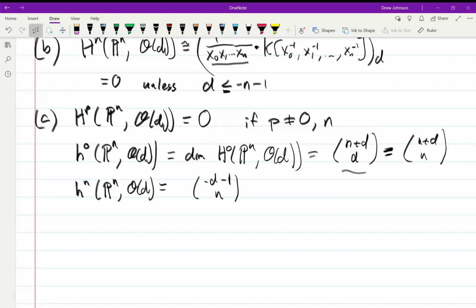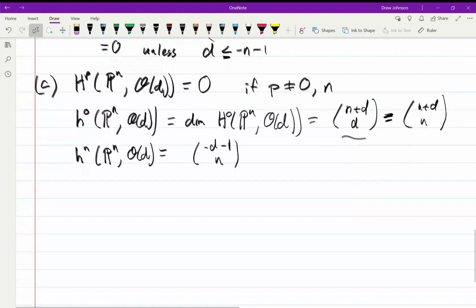All right, so let's see what we can do with that. The first thing we're going to do is define a certain combination of the dimensions of the cohomology groups that is better behaved and often more useful. This is called the Euler characteristic, and it's usually denoted by the Greek letter chi.